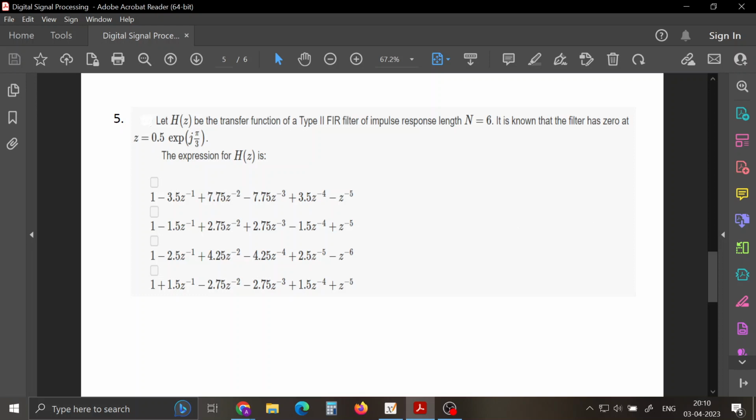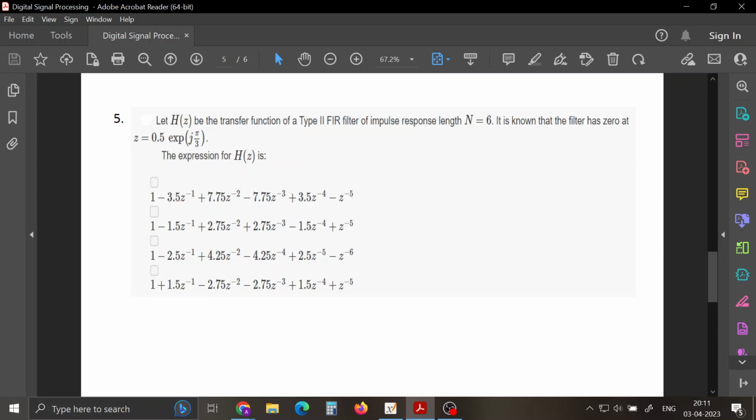Option D is even symmetric, so it is another possibility. So we have already eliminated 2 options out of 4. The only possibilities are option B and option D, because only they have even symmetry. See how just by observation we have successfully eliminated half of the options.